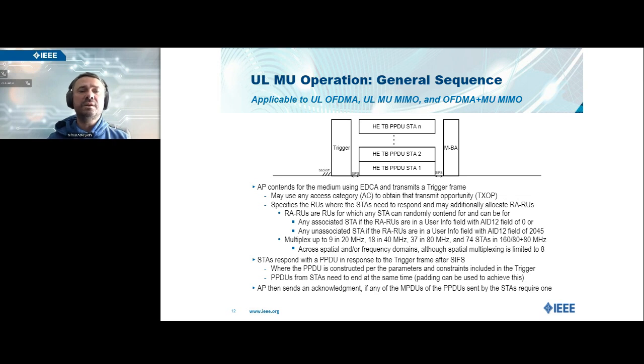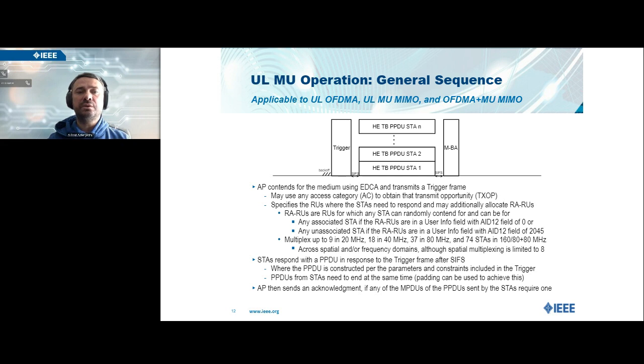In general, the access points are required to use specific ACs depending on the data that they are transmitting or that they are soliciting. The trigger frame, given that it is addressed to multiple stations and may solicit data from different access categories, the access point has the freedom to choose any access category to obtain the transmit opportunity for sending the trigger frame.